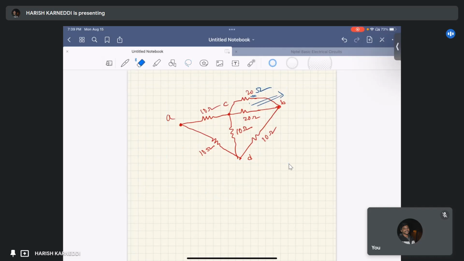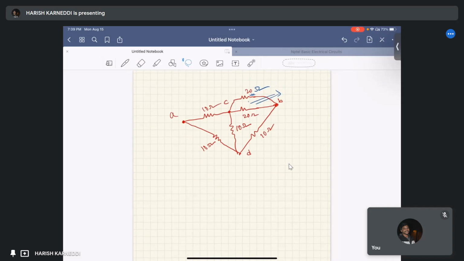Yeah, this is our circuit. The same circuit, we can replace this. I just replaced it with the equivalent resistance.